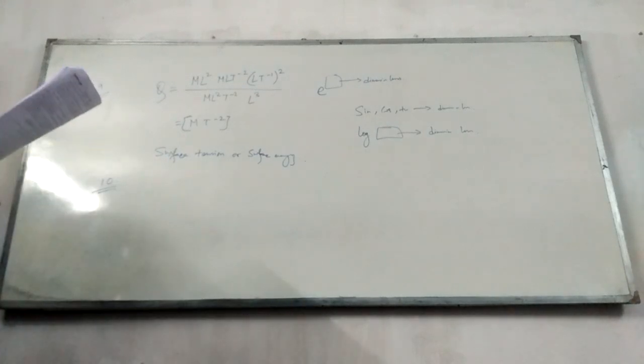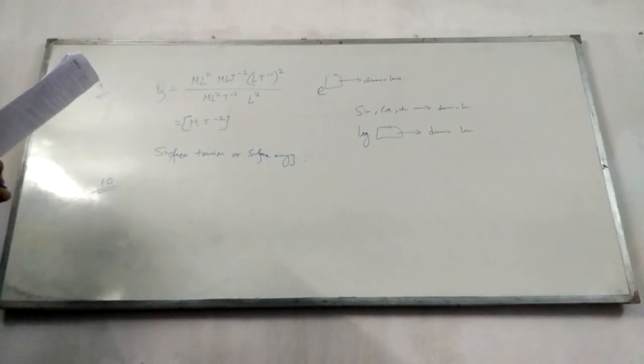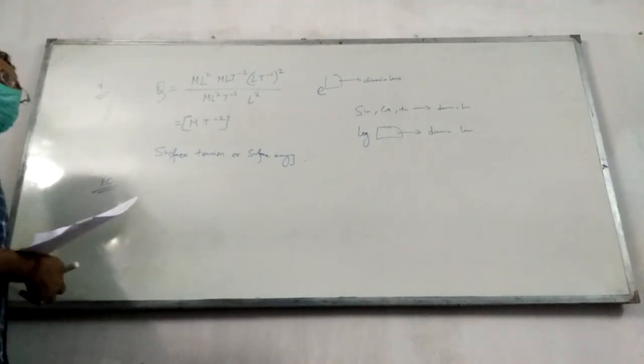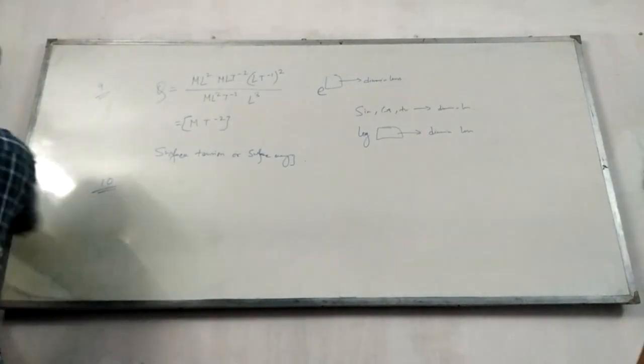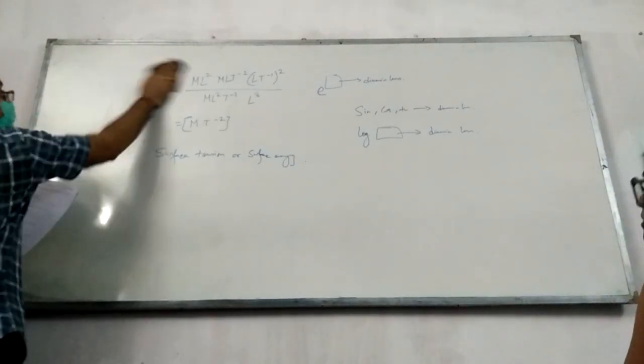All right, question number 10. The position of a particle is given by this expression. Find the dimension of alpha and beta.